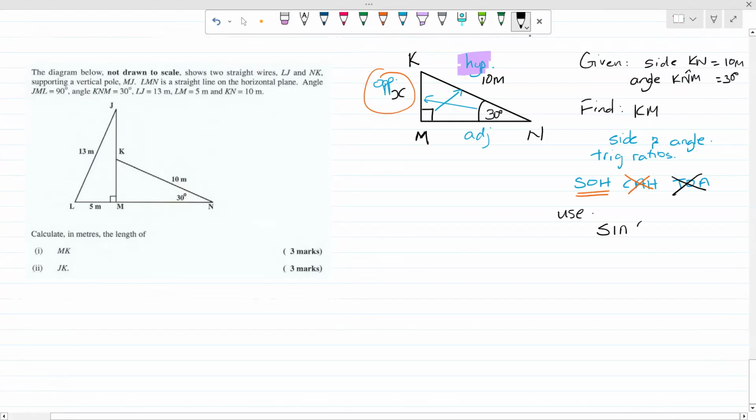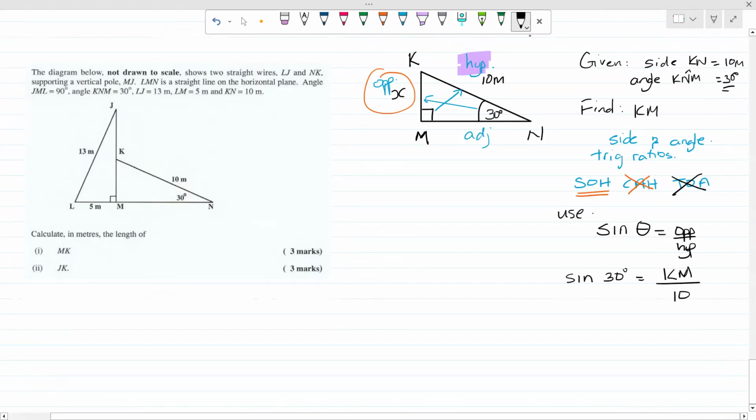Remember, theta, that's the angle, is equal to opposite over hypotenuse. Now the angle is 30 degrees. The opposite is that side KM. And the hypotenuse is 10.